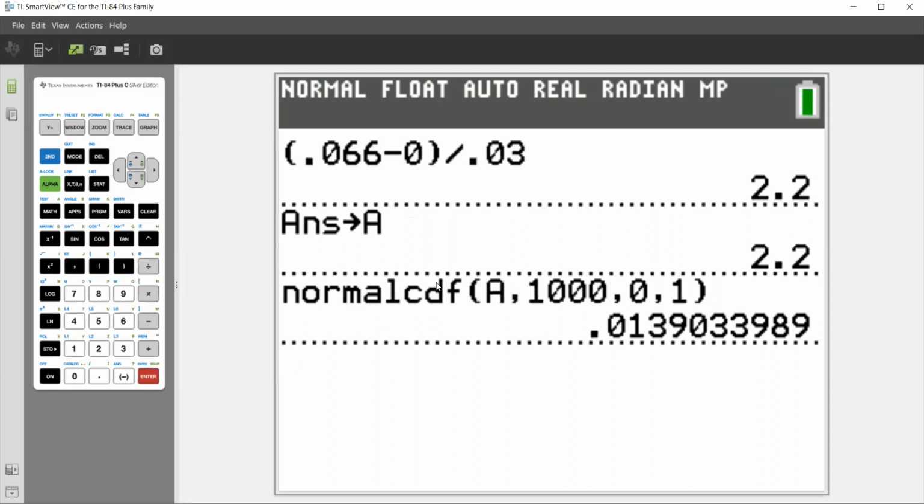That is our p-value, 0.0139. Okay? So notice that we did not use StatKey to find the p-value. We're actually using a formula to find the test statistic and then plotting that test statistic on a standard normal curve and finding, in this case, the area to the right of that test statistic, and that gives us the p-value, 0.0139.